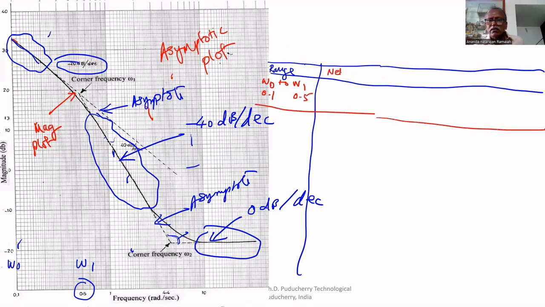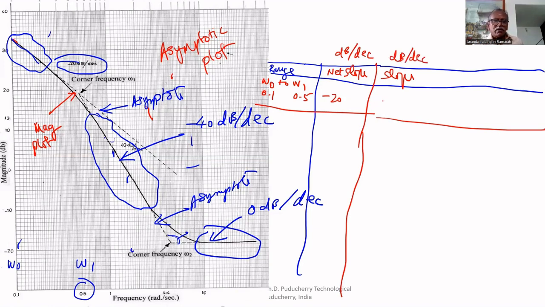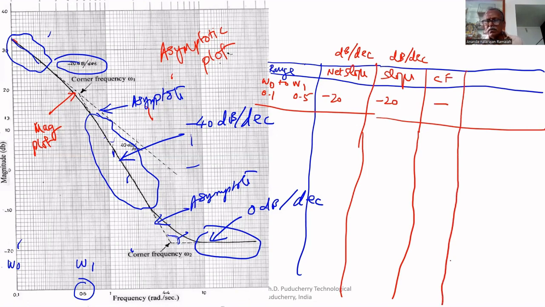The net slope is minus 20 dB per decade. Initially there is a slope of minus 20 dB, so no corner frequency. The factor is minus 20 dB, that's why K by S. We have to find the K.